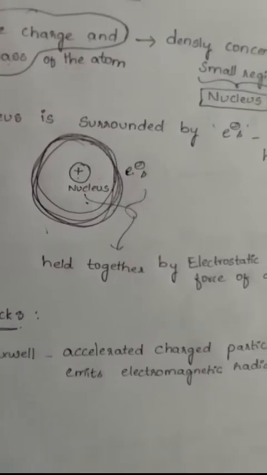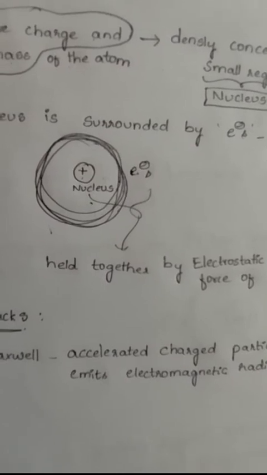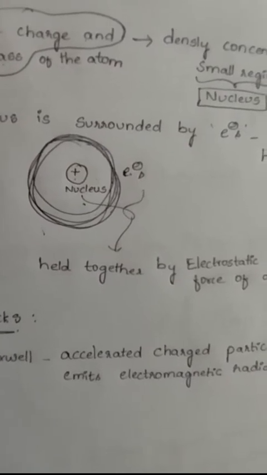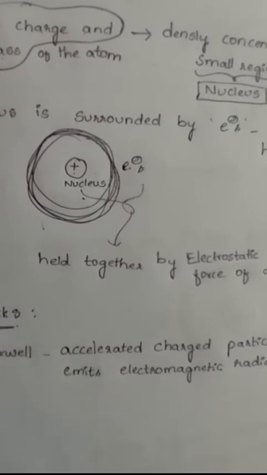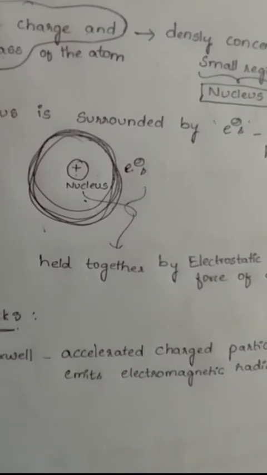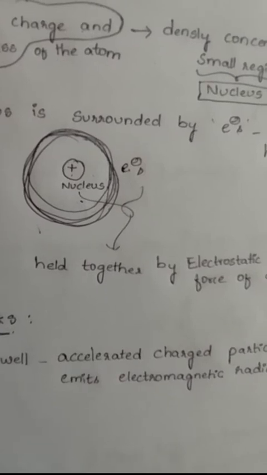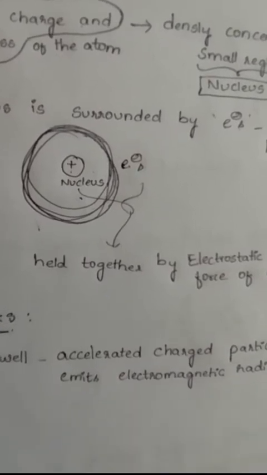But when the electron is static, that is still, then also the nucleus pulls the electron towards it and forms a miniature version of Thomson's model.